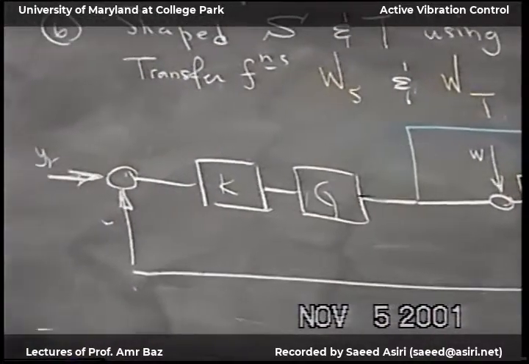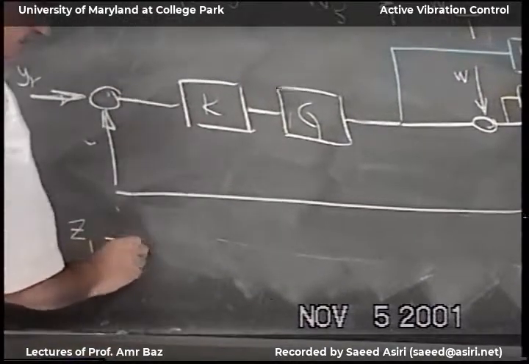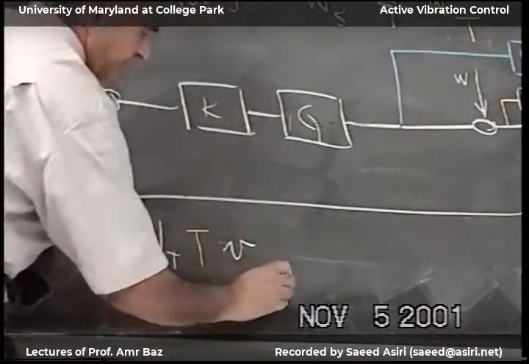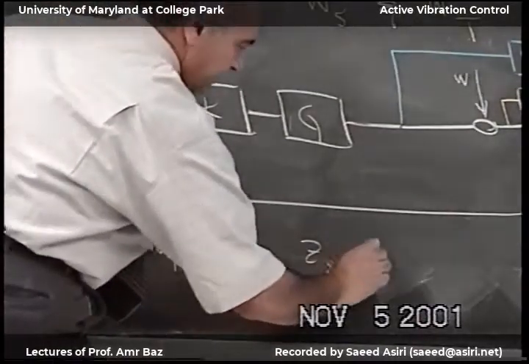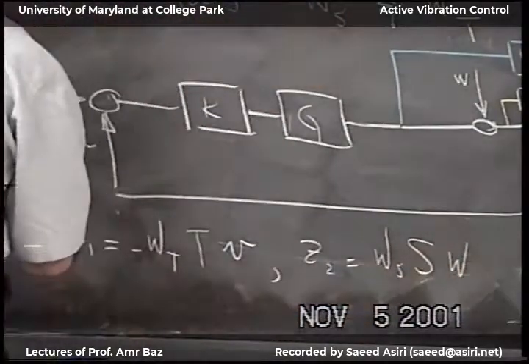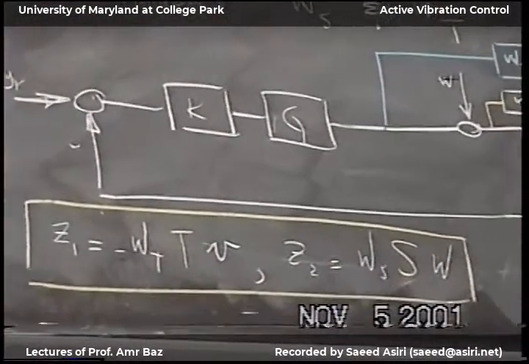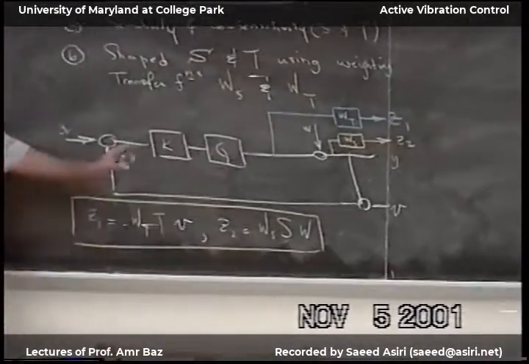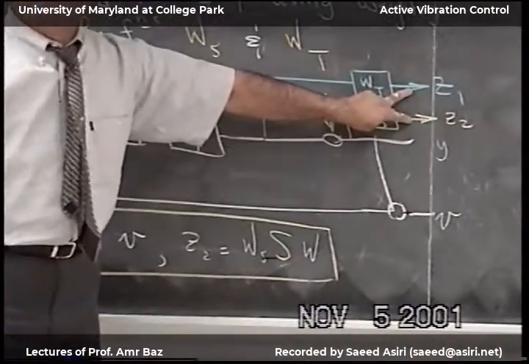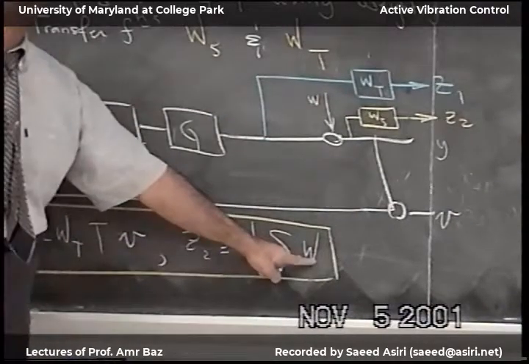And we found out that Z1 is equal to minus WT times T times V. And Z2 is equal to WS S times W. And from here we said, I am going to monitor these two parameters. Why? Because these two parameters come from the measurement noise and external disturbance.